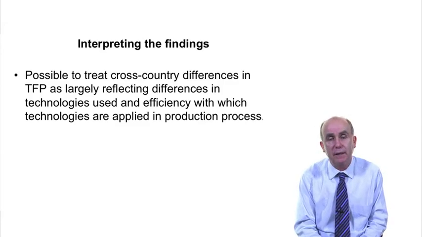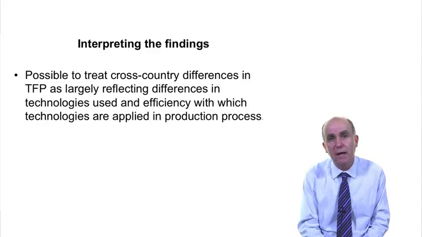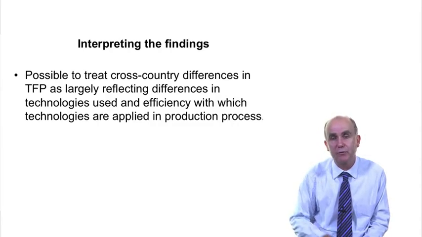So we're going to think in the rest of this part of the lecture of factor accumulation as representing differences between countries in the amount of inputs that they can apply to production, and we're going to think of differences in TFP as reflecting differences in technology or the efficiency with which technologies are applied between countries. And so the more that TFP differences between countries are important, the more that it's telling us that differences in technology and the way they're used is part of the story about differences between rich and poor countries.